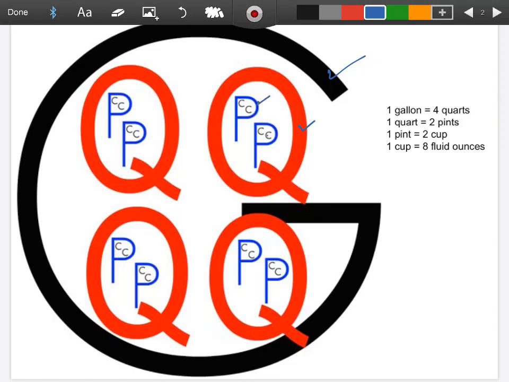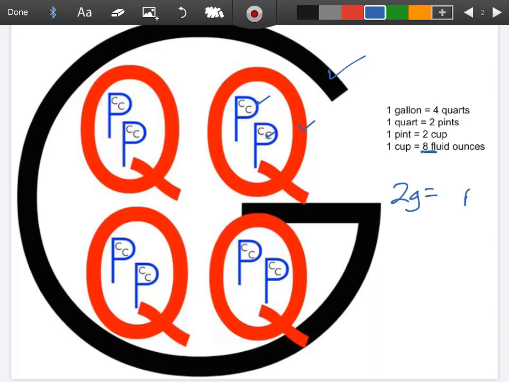The C represents cups, and it's too small to write it in there, but there's one last conversion, which would be 8 fluid ounces in each cup. The way you can use the big G is to help you figure out a conversion factor so you don't have to multiply the way we did with the last problem and use 4 different conversions.